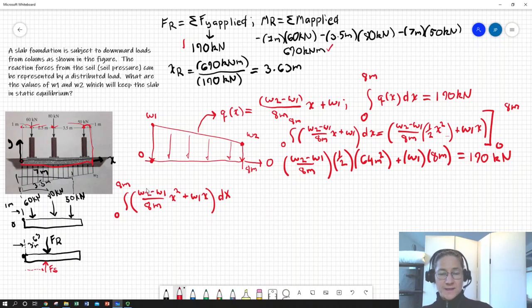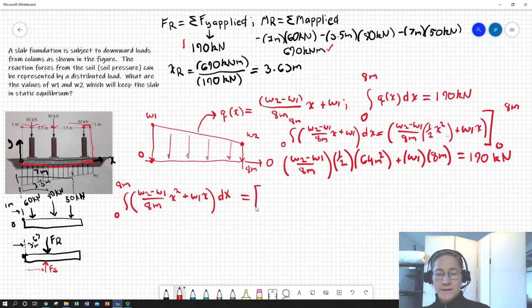So this is basically the integral over the entire width of this slab of x q(x). Here was q(x) in the integral, here's q(x). Now I've just multiplied that by x. So instead of x, I have x squared. Instead of W1, I have W1 x.